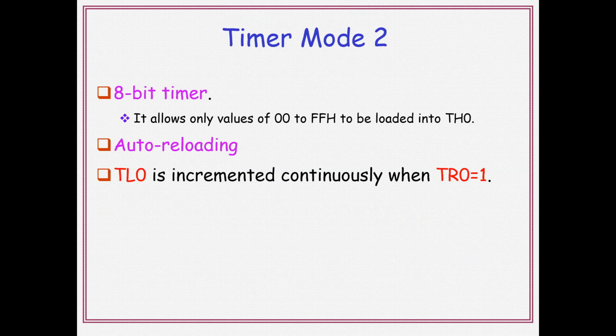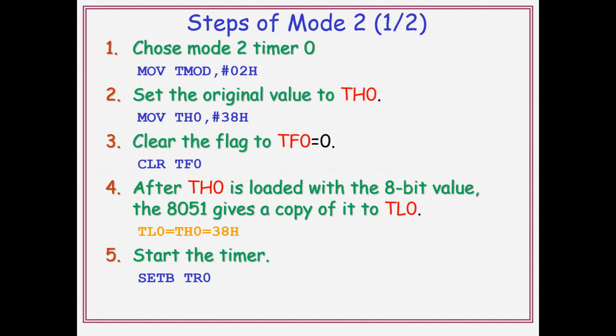It is also called the auto-reloading function. TL0 is incremented continuously when TR0 equals 1, and TL1 is incremented continuously when TR1 equals 1. That is for timer 0 or timer 1.